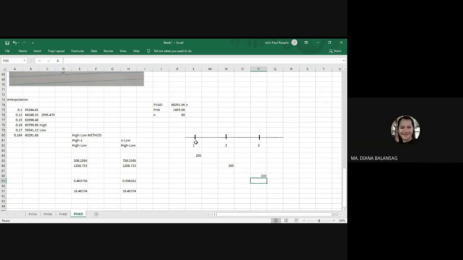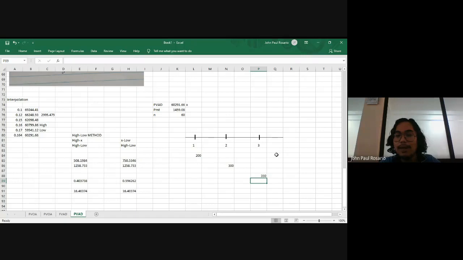Yes, sir. Okay. So what you will do is just use the compound amount.